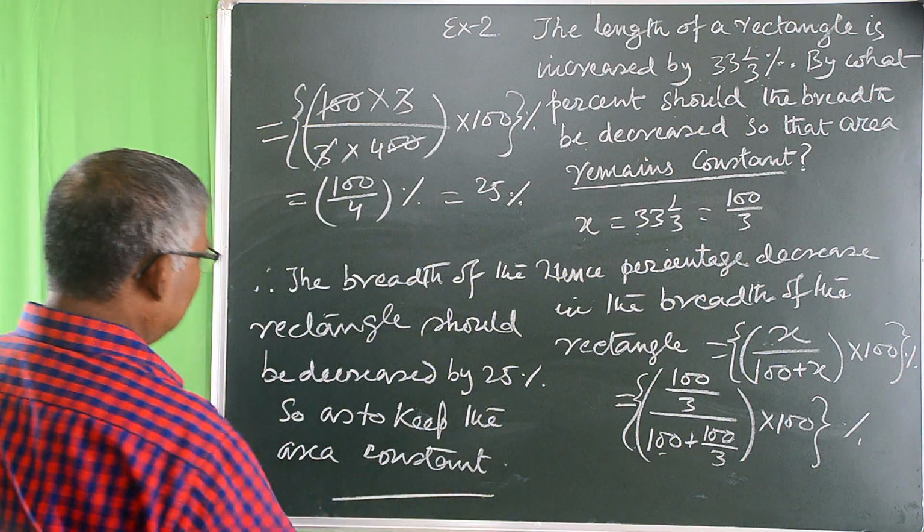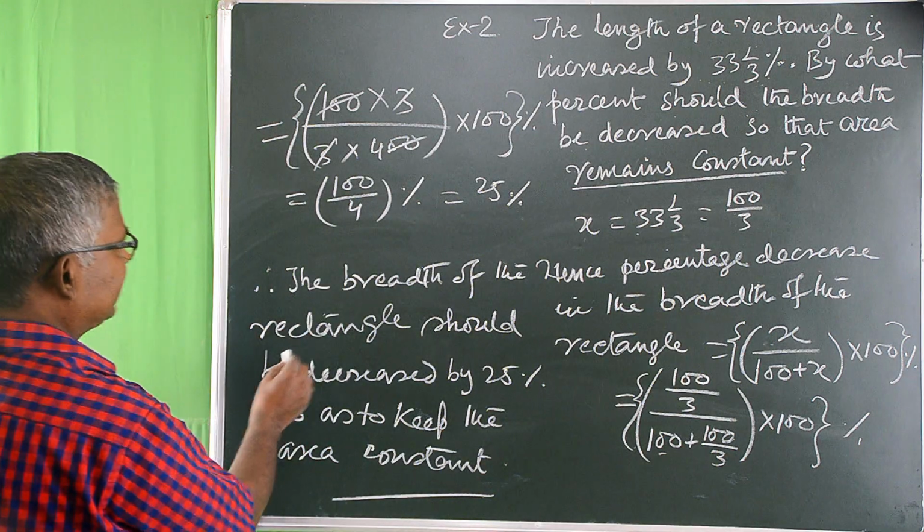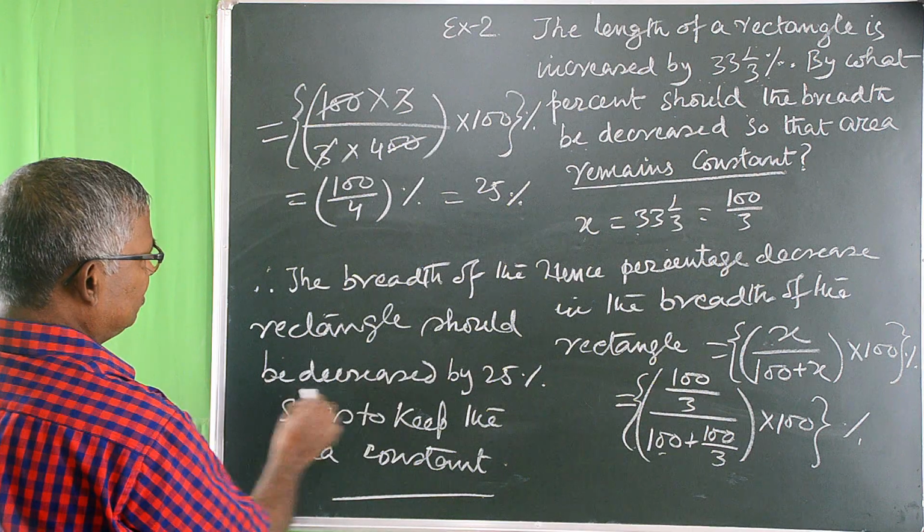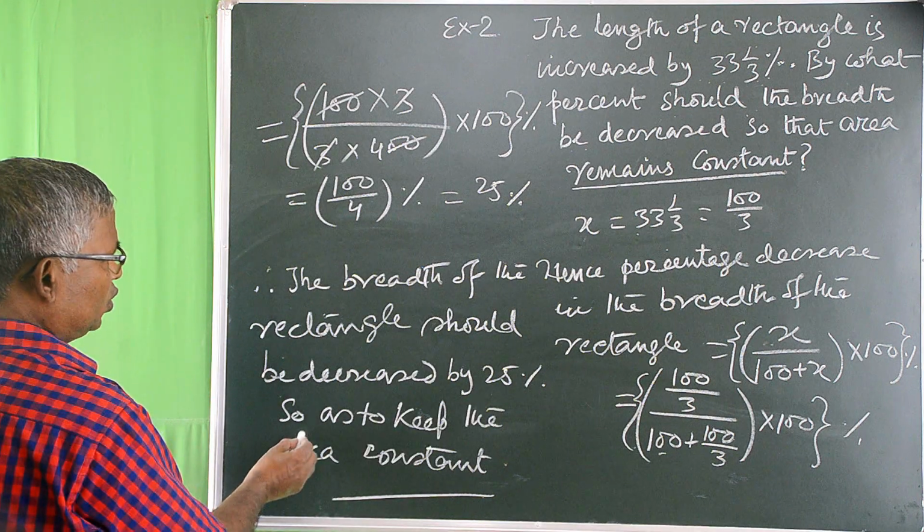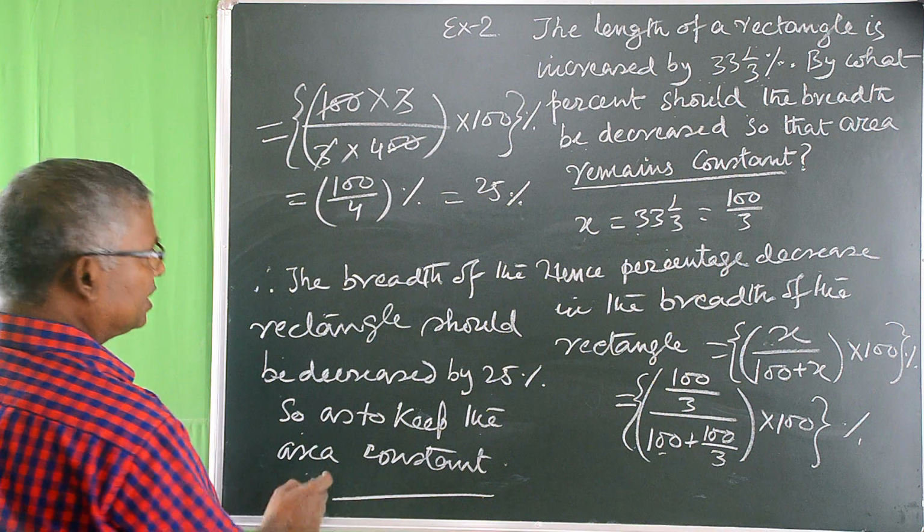Hence, we get the breadth of the rectangle should be decreased by 25% to keep the area constant.